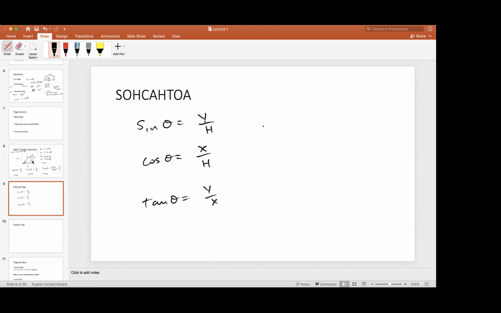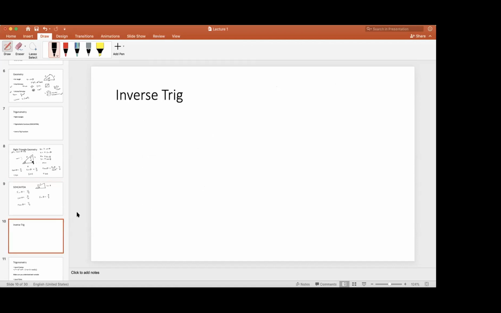we're going to talk about this, but let's say I knew that h was 5 and y was 3. So I know that sine of theta is 3/5. What do I do to get my angle? I don't know what my angle is though, okay? That's the inverse trig, if you've never used them on your calculator.